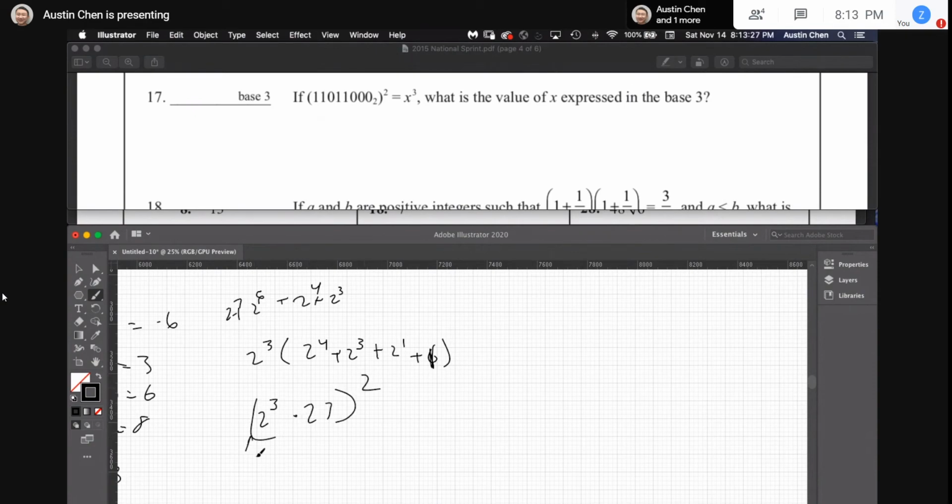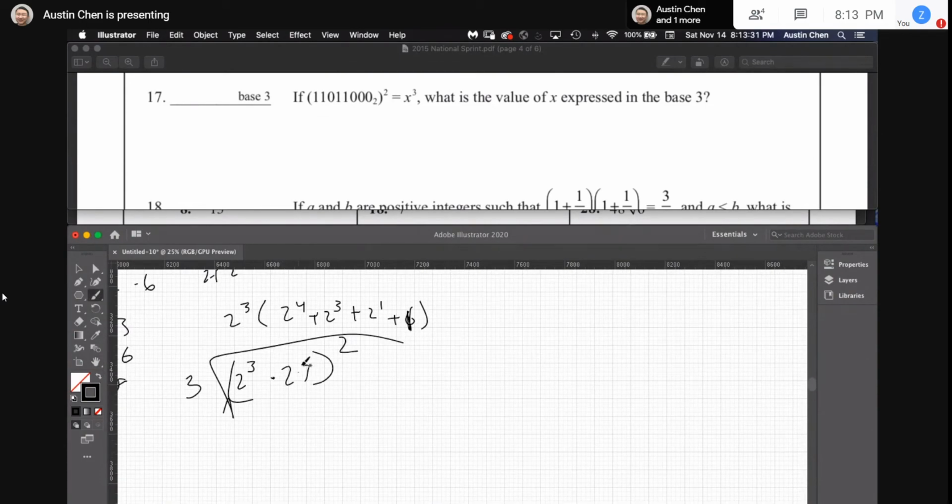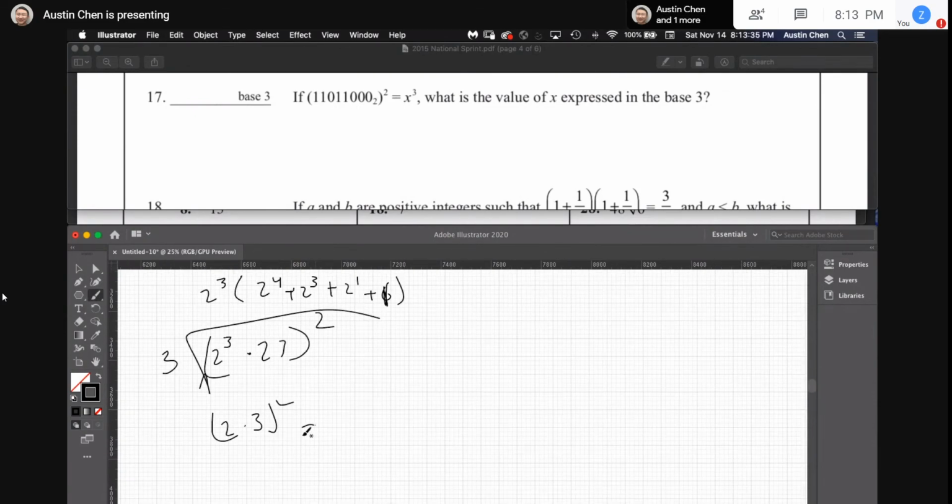So we're going to square this and cube root it. Let's cube root that inside first. This is 3 cubed, so we're going to have 2 times 3, and this is going to be squared. So this is 36, right? So this is x. Now we just need to convert 36 into base 3.